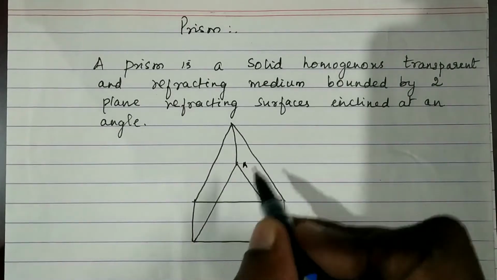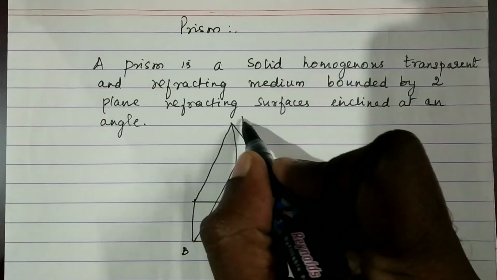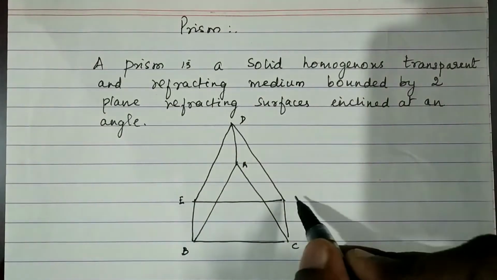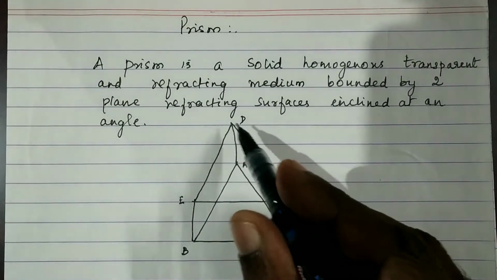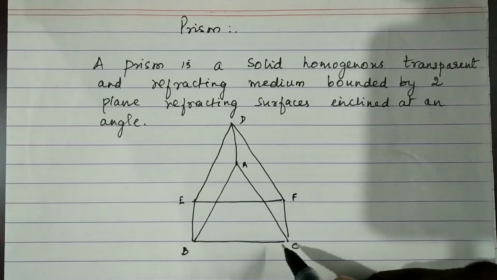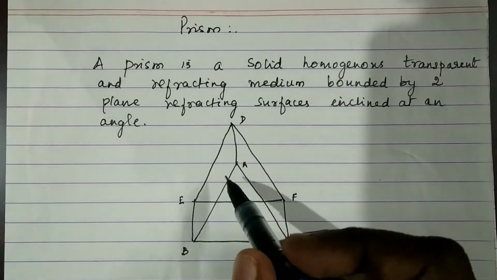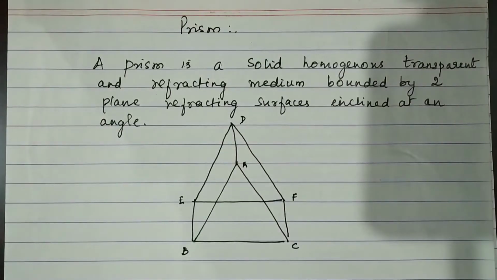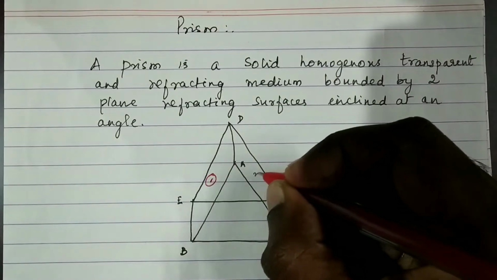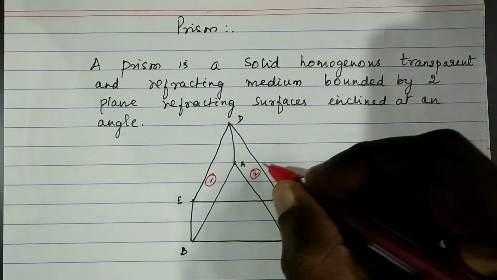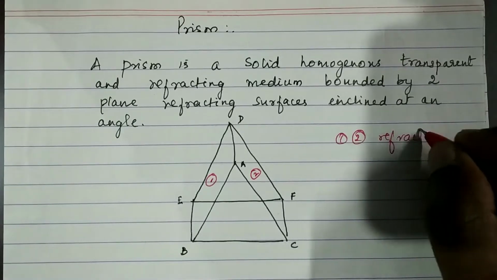Say, let this be A, B, C, and this be D, E, F. So it is a solid, homogeneous, transparent refracting medium bounded by two refracting surfaces. So, see, there is a surface here 1 and there is a surface here 2. These two, 1 and 2, are refracting surfaces.